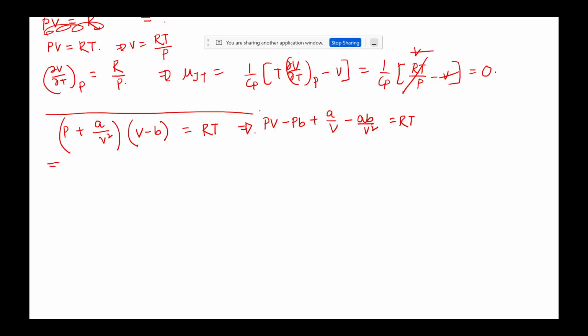Now rearranging, we get PV is equal to RT plus PB minus A by V plus AB by V square.